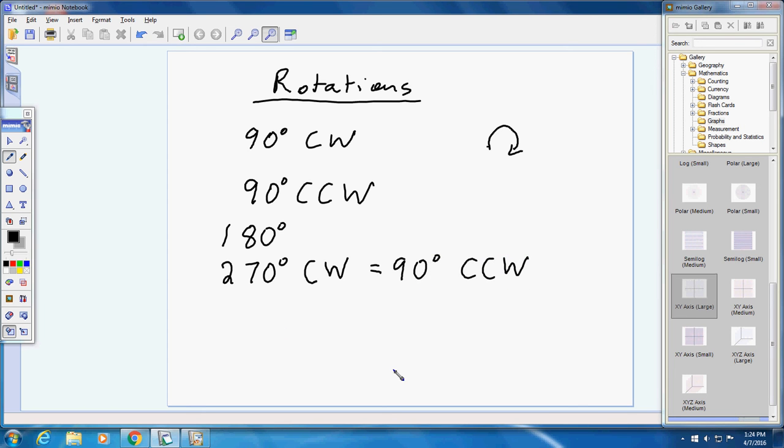So these two things, when I say 270 degrees, they're really 90 degrees, just the same rule. So maybe we'll write them down here just to make sure they're there. So 270 degrees counterclockwise, that's equal to 90 degrees clockwise. All right, so we've got those.